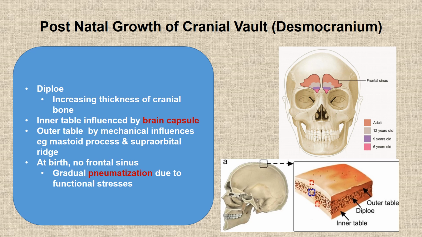It develops with increasing thickness of the cranial bone. The inner table is influenced by the brain capsule, whereas the outer table is influenced by mechanical influences, for example, the mastoid process and the supraorbital ridge. Now, at birth, there is no frontal sinus, but with gradual pneumatization and functional stresses, the frontal sinus develops.